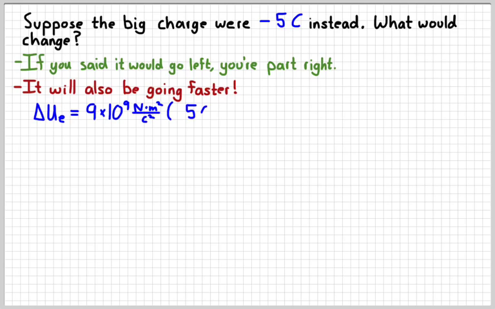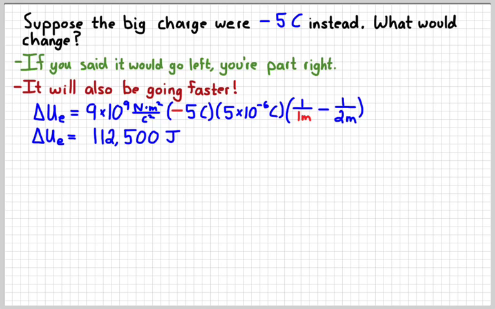So if I take that potential energy change equation that we just started with, the initial position is still 2 meters. Now I'm going to make that a negative 5 coulombs. And then instead of 3 meters, we're moving to the left. We're getting closer to the big charge. So I'm going to make that 1 meter. And so that's going to give me a bigger energy change.